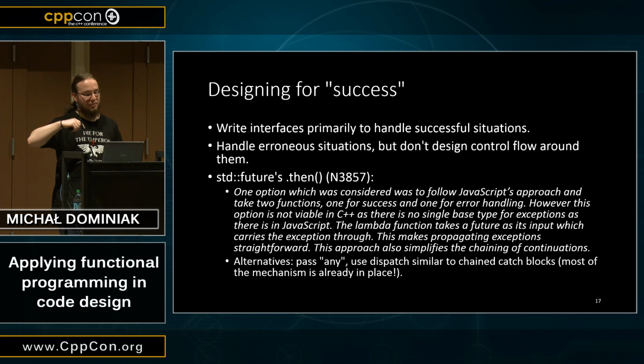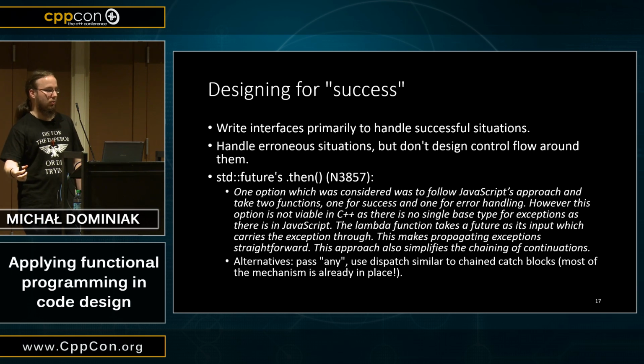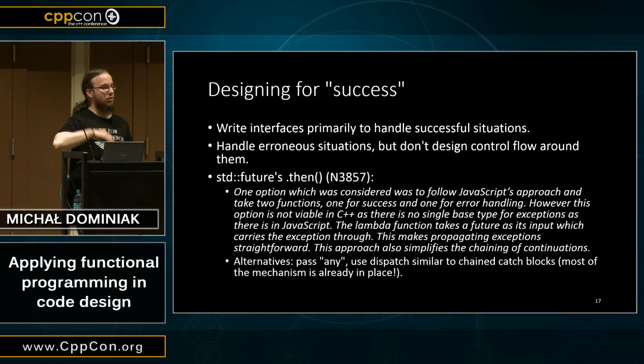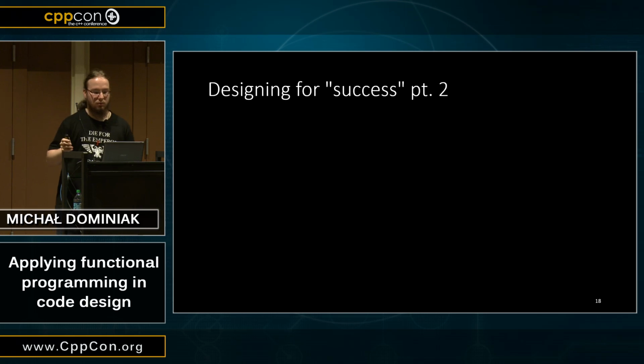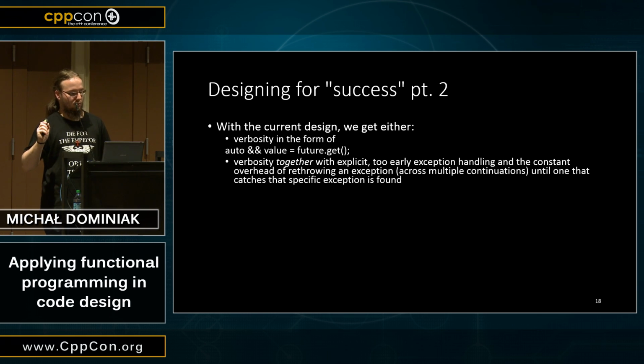So this gives us basically the same way of handling the exception inside the continuation as passing a future into it. Because if we get a future, we have to call .get, and we get the exception thrown the same way. But we do not have to write this line in every continuation we have.